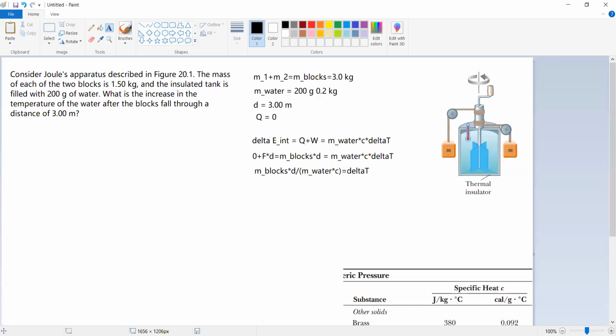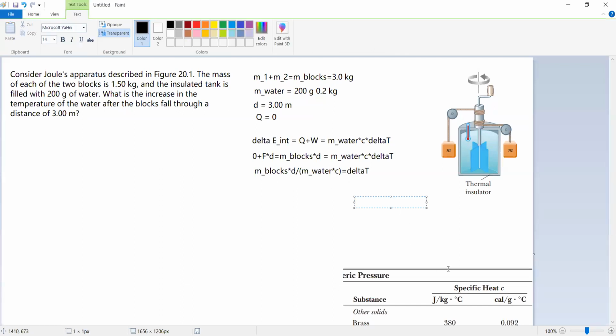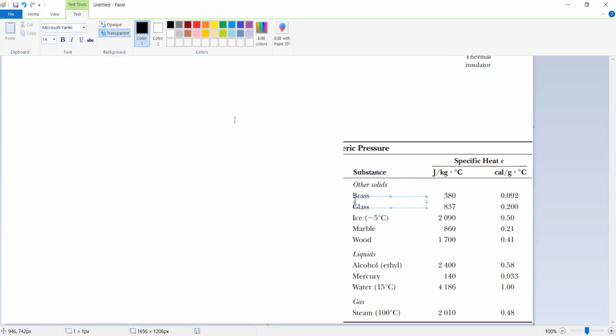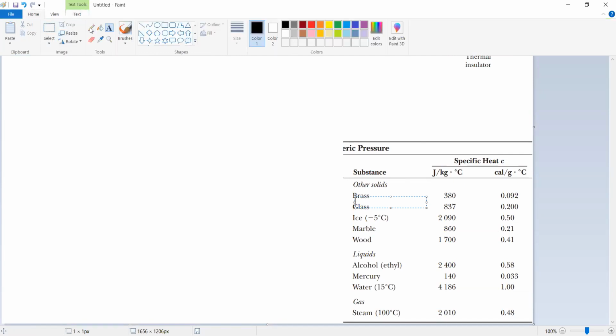So now we just see what the specific heat of water is. It's this number right here, 4,186.